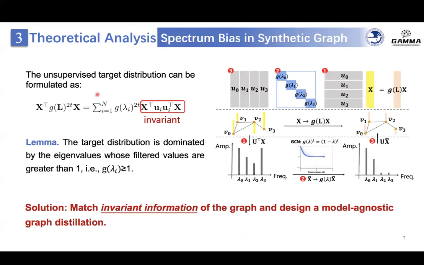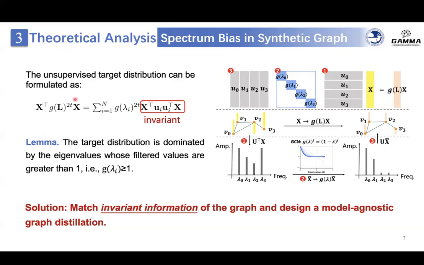Now let's focus on the unsupervised target distribution. Because the GNN filter can be decomposed as U times the diagonal matrix G lambda, and then times the transpose of U, this formulation can be further expressed as a weighted summation over the eigenbasis.